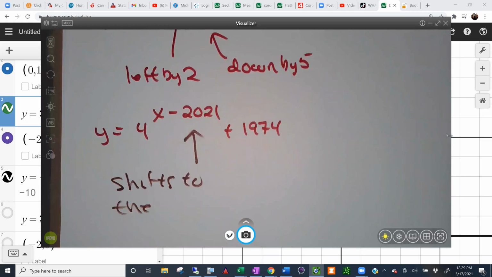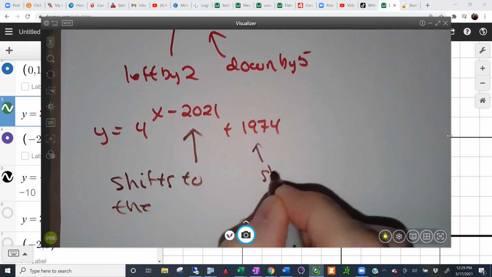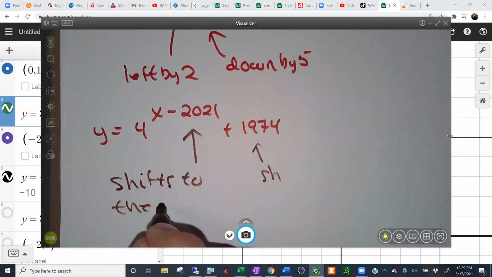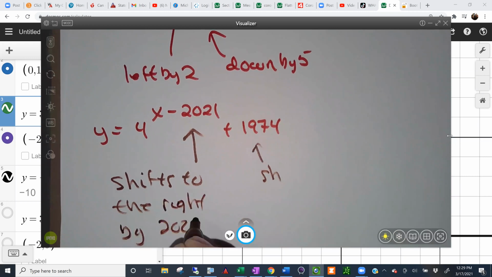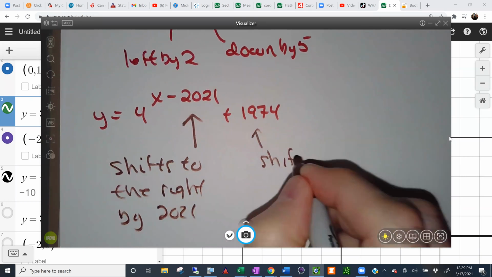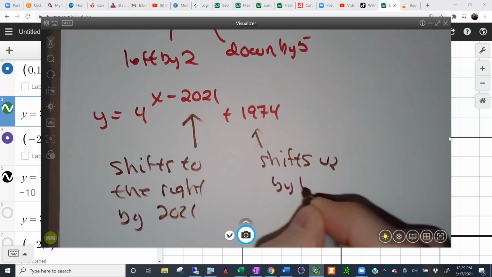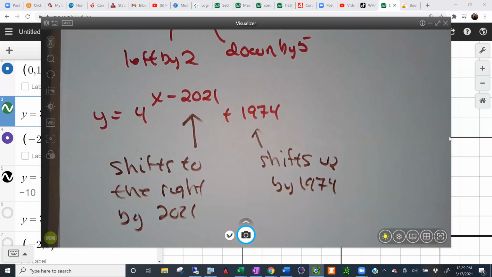All right, maybe you prefer saying it in the chat, but someone want to say it here? To the right. Good, shift to the right by 2021. And then 1974, that's going to shift which way? Up. Up by 1974. Perfect. So even though we can't necessarily see the graph very easily unless we're pretty talented with a graphing calculator or Desmos, we know what it looks like. All right, so that's good.